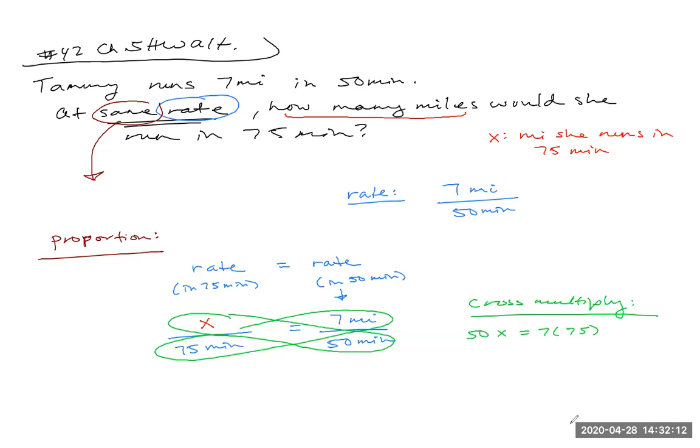Okay. So we have 50x equals 525. Divide by 50, both sides. x equals 10.5. And that should be miles.